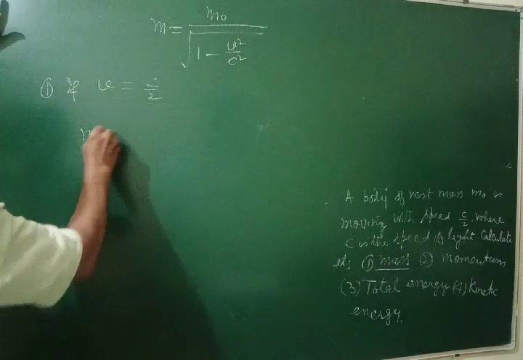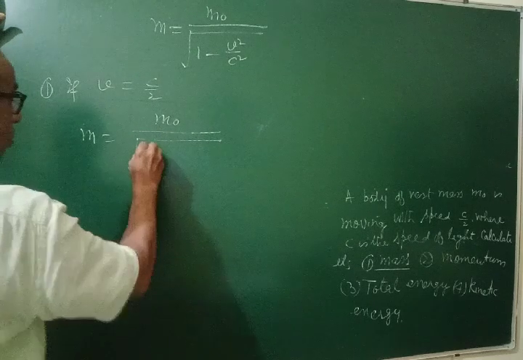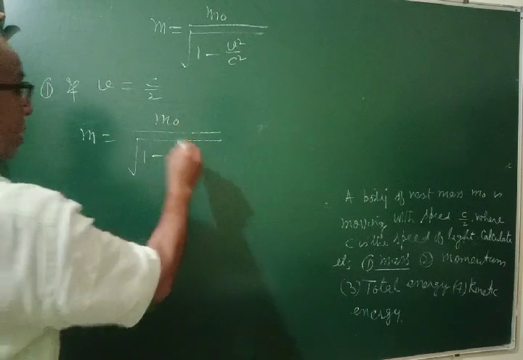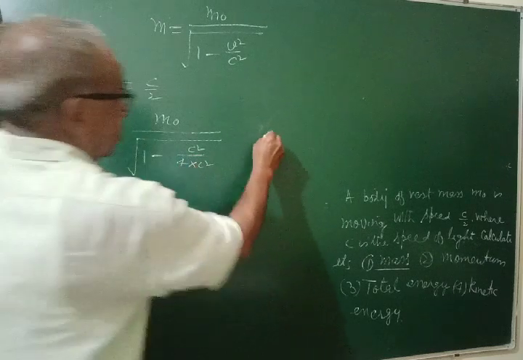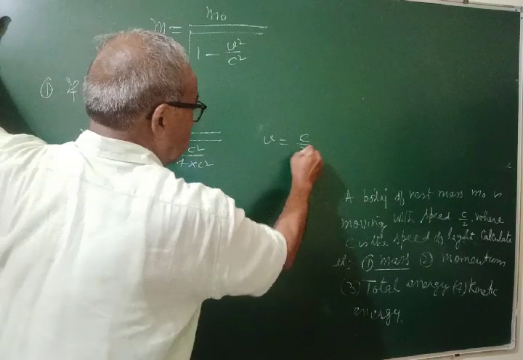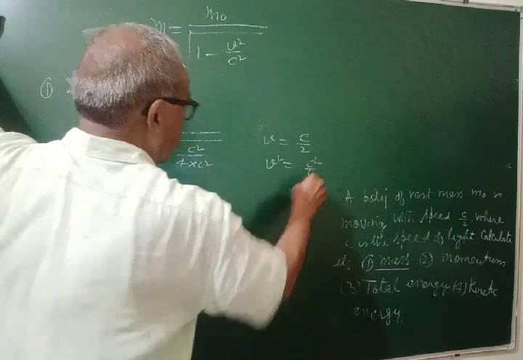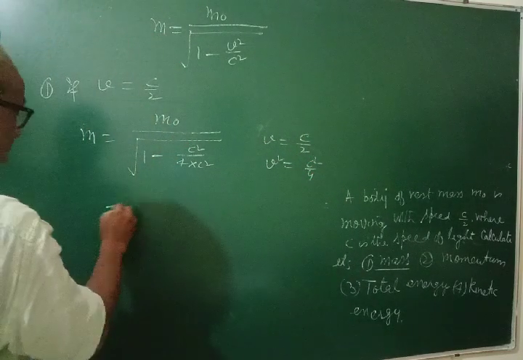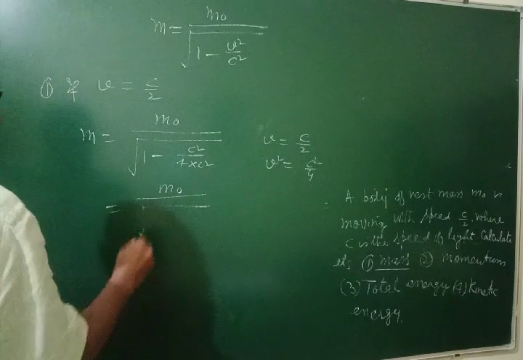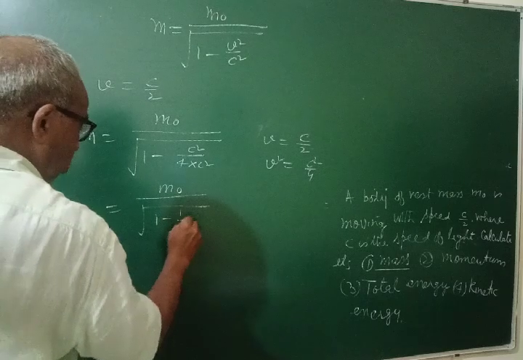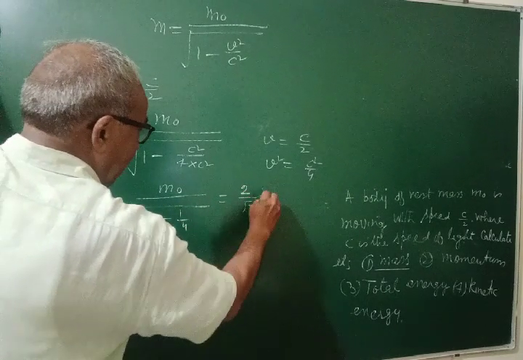So m is equal to m0 upon under root 1 minus v square upon c square, that is, c square by 4 upon c square. Since v is equal to c by 2, squaring gives c square upon 4, and it is left m0 upon under root 1 minus 1 by 4. It will come out 2 upon root 3 m0.